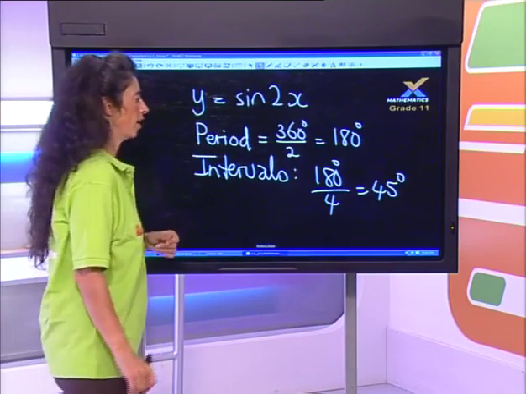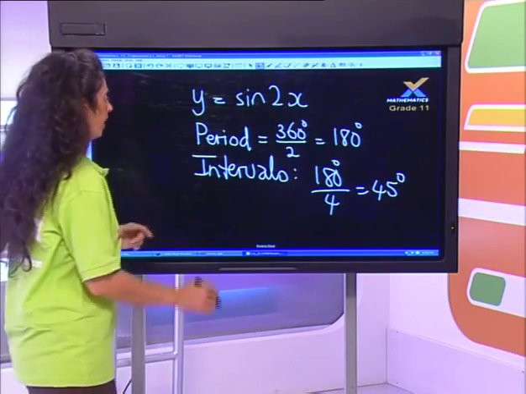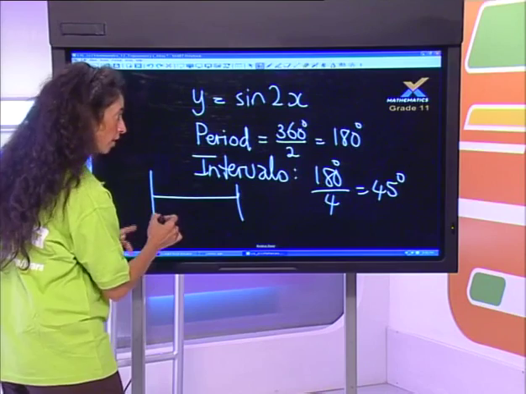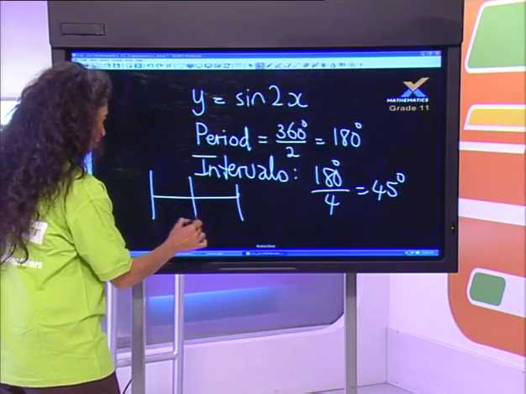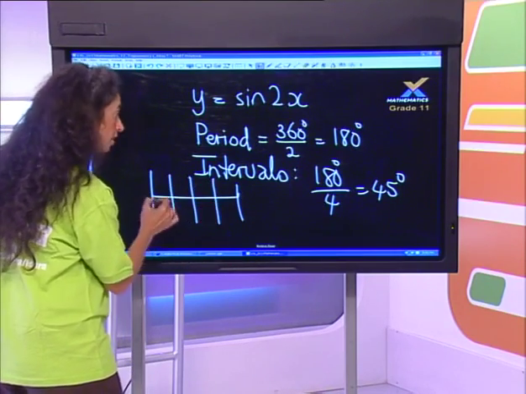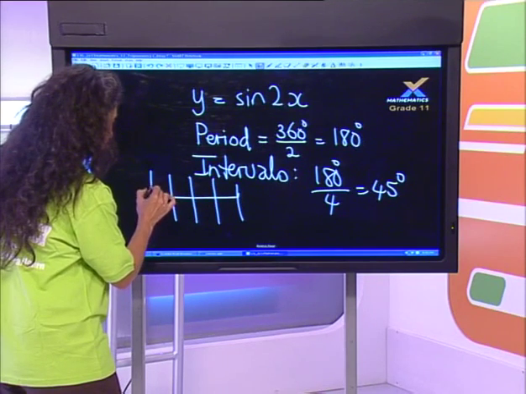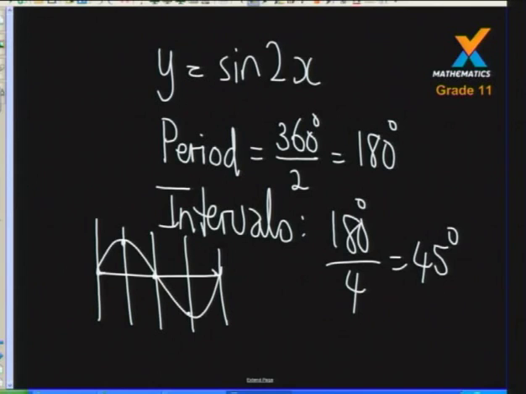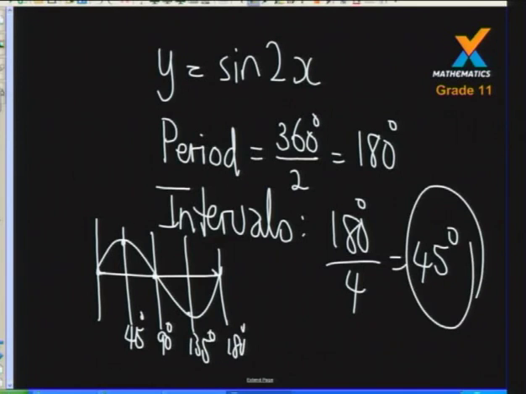Okay? So now I can say that my graph is going to have 180 degrees, halfway, I've got these. So these values are 45 degrees, and I'm going to get a 0, a 1, a 0, -1, 0, where 45, because that's my interval that I've worked out, plus another 45, plus another 45, plus another 45.